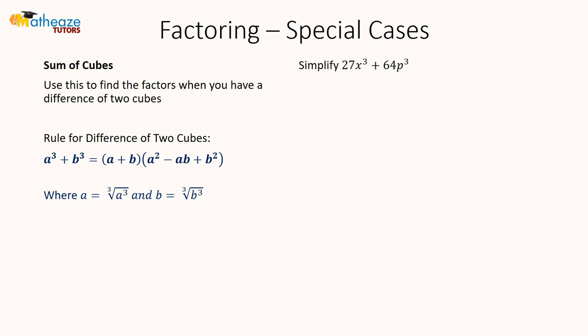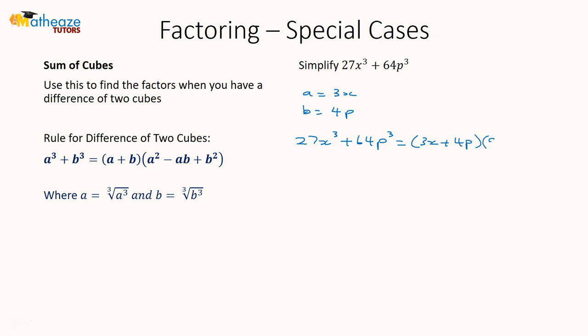And finally, we look for the cube root of each of these terms, and we see that a is 3x and b is 4p. So we now have 27x cubed plus 64p cubed is going to be 3x plus 4p.